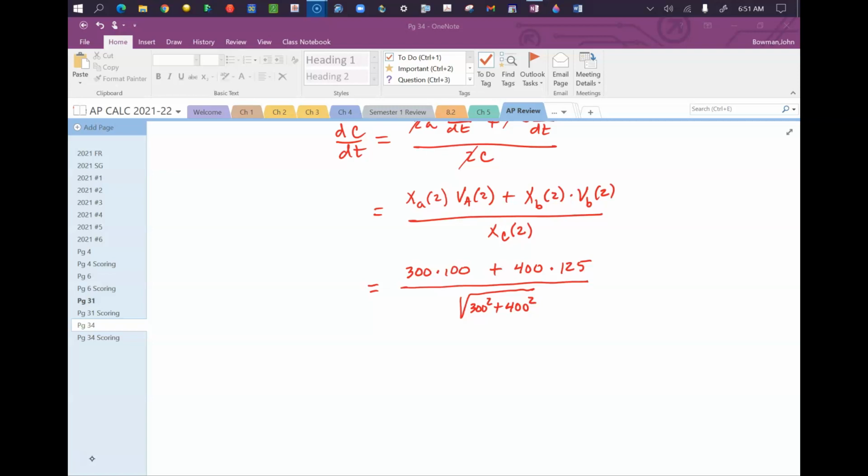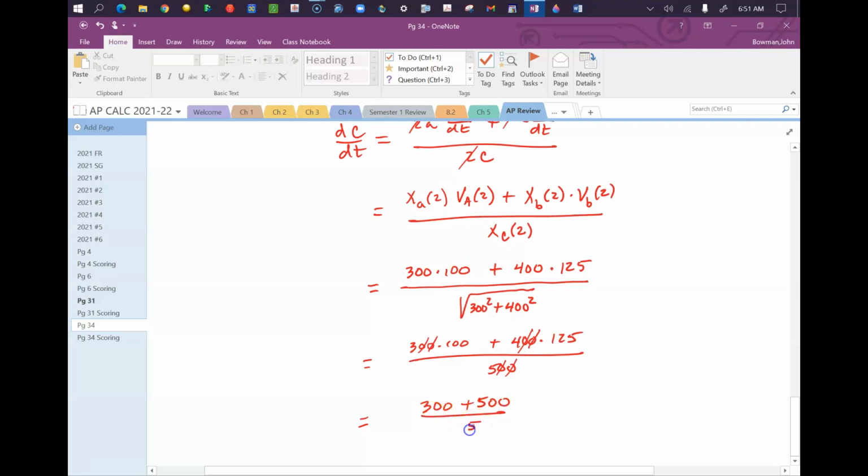And so when you get done with that, you're going to have basically 300 times 100 plus 400 times 125 over 500. I think a simple way to simplify this is to divide everything by 100, so these zeros can cancel out, and you end up with 300 plus 500 over 5, or 800 over 5, and that would be in meters per minute.